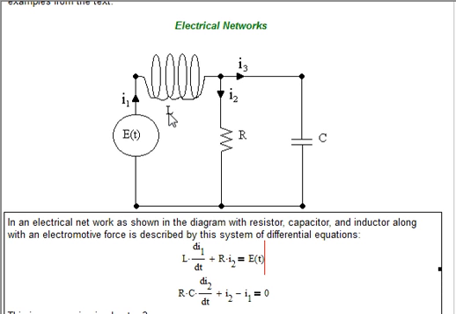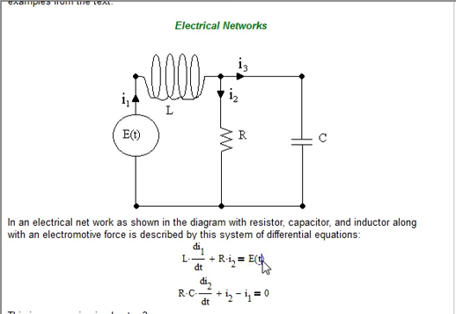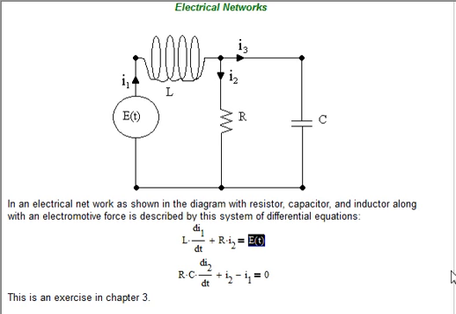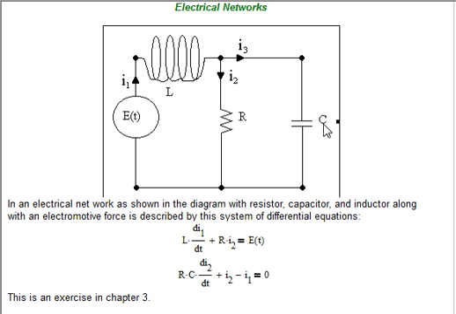L, which is the inductance, times di1/dt, which is the change in the current across here, plus the resistance R times I2 is equal to the electromotive force E of t, and R times C, capacitance, times the change in I2 with respect to time, plus I2 minus I1 equals 0.